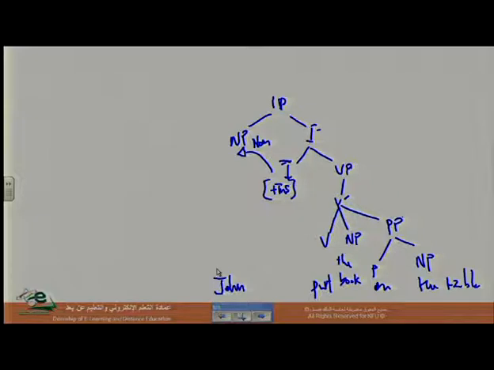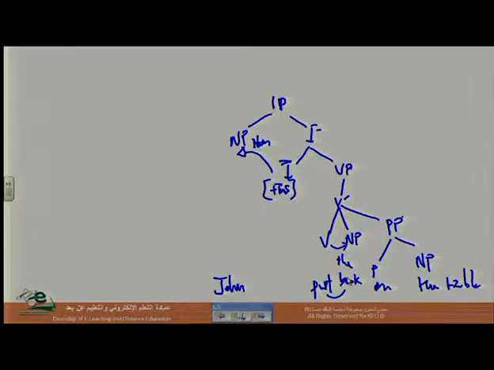Now, the verb put is responsible for assigning case directly to its sister, namely the NP here, like that. The NP here, the book, in English does not show any case, but if it were in Arabic it would show something at the end.